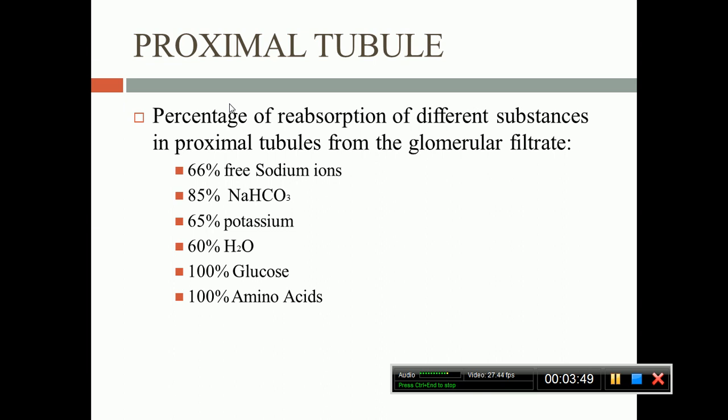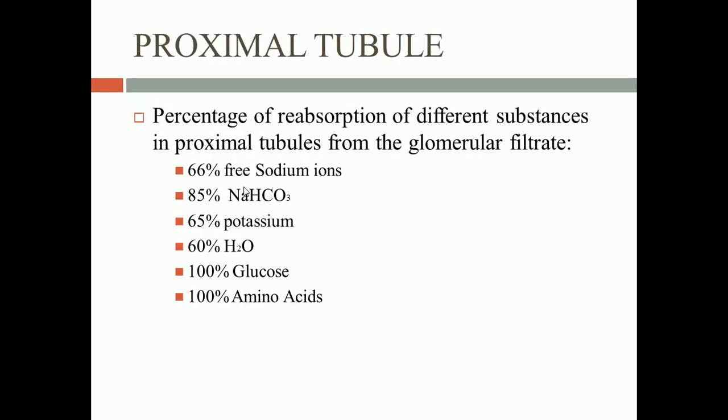So in normal physiology, if you see the percentage of reabsorption, and if you remember the glomerular filtration, virtually everything gets filtered from the glomerular capillaries into the renal tubule. Then the substances we need are reabsorbed from the renal tubule, from the urine, back into the blood.